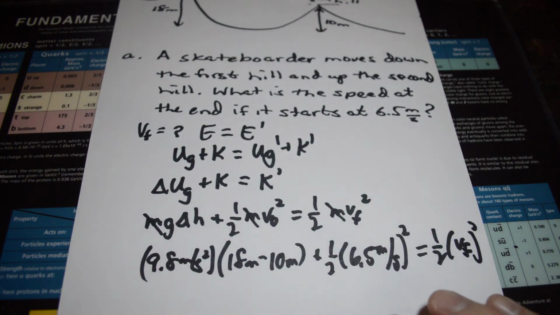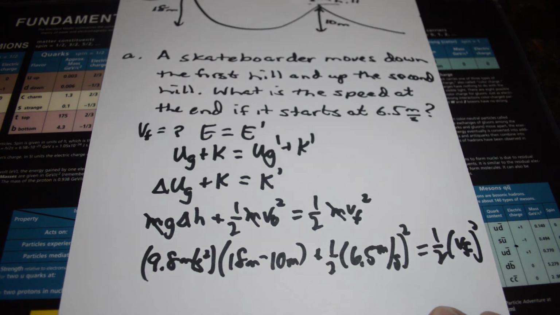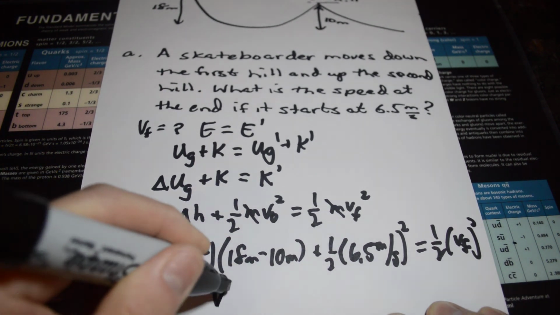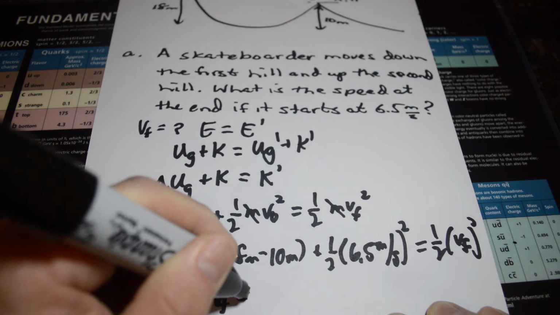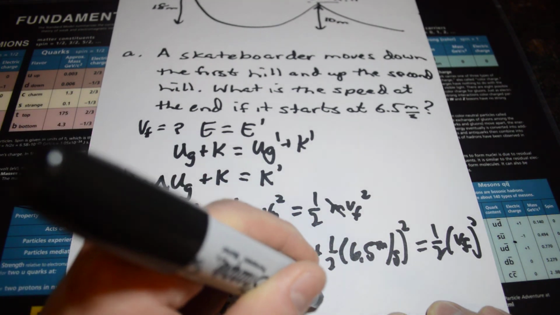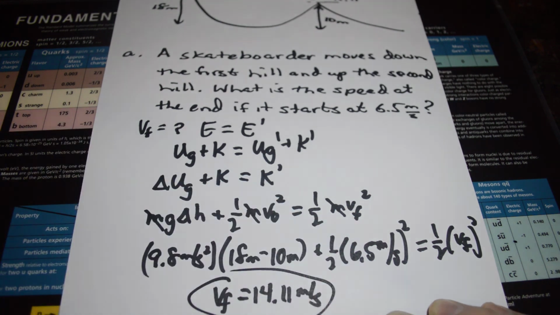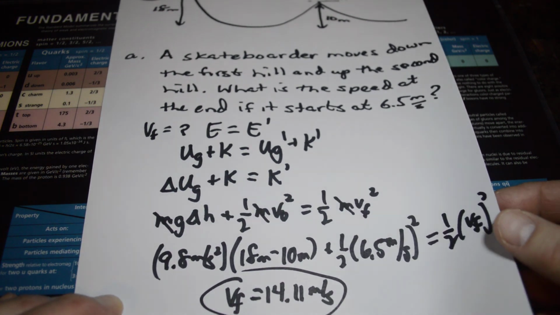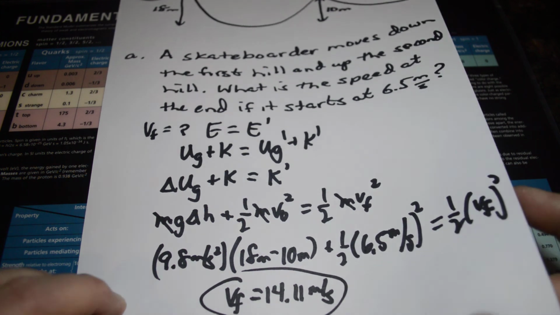You should have the math tools to be able to solve for that. But if you do that, I got that the final velocity, and you can email me if this isn't right, but I think you get 14.1 meters per second. Go ahead and check that, see if I'm right with that number.